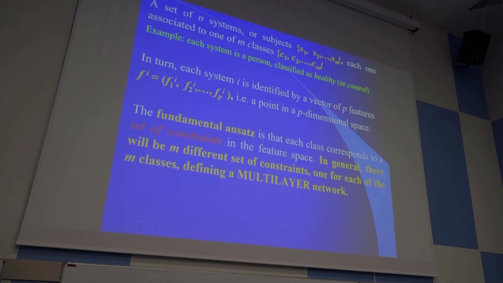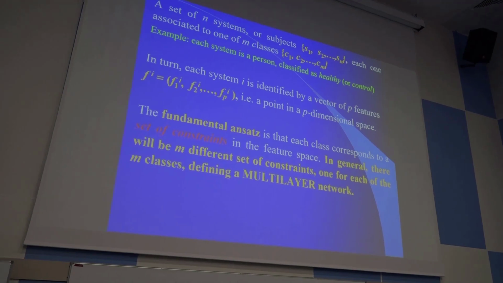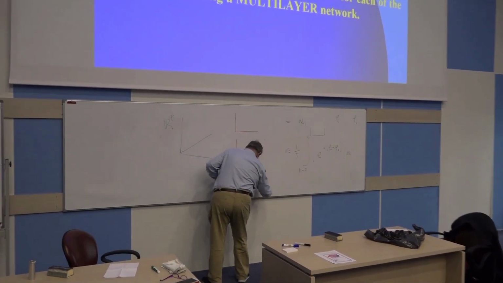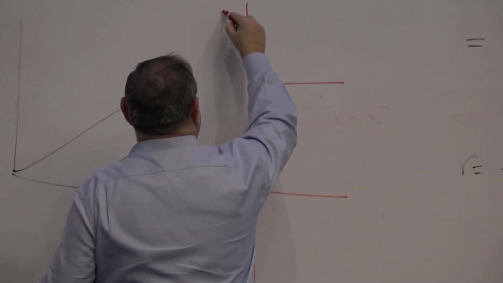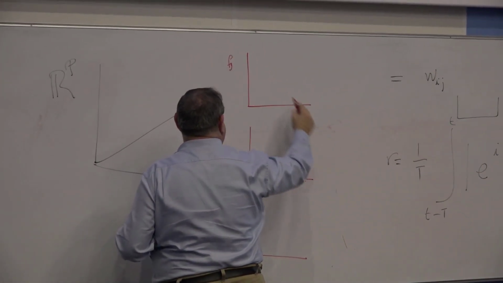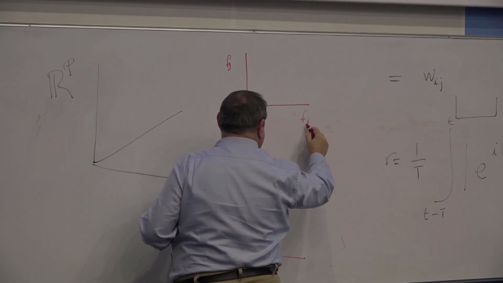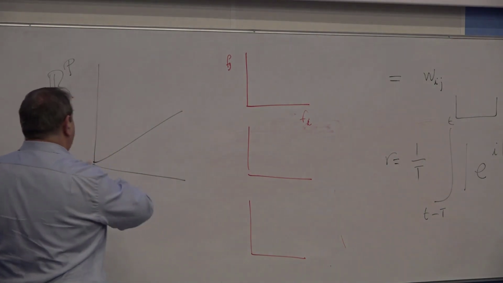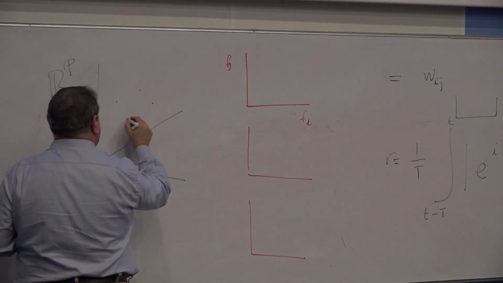I take my space and project it onto all possible planes in which I have feature i versus feature j. Here I have all features and lots of persons.